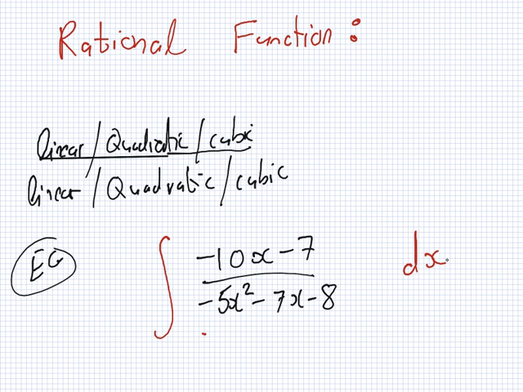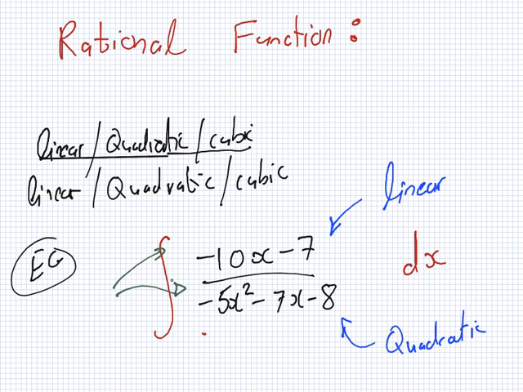What is special about this type of problem? Well, on the top is a linear, and on the bottom is a quadratic. But what's very special about this is there's actually a relationship between the top and the bottom. Can anyone see what that relationship is between the top and the bottom? There is a relationship. Double.